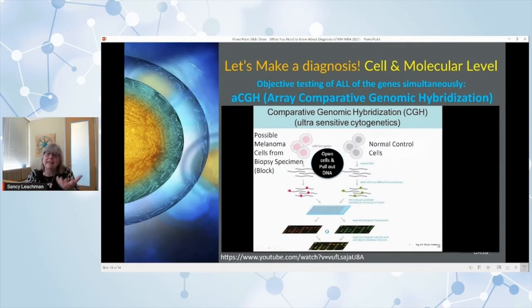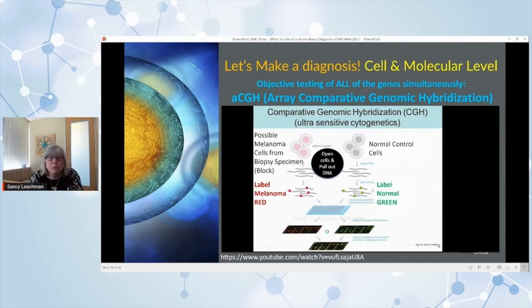So now you've got DNA from your questionable biopsy that we don't know what it is yet, and you've got good, normal, healthy DNA. Then you take the questionable DNA, the possible melanoma, and you label it with markers that make it fluoresce red. And in the normal cells, you do exactly the same thing, but you make it fluoresce green.